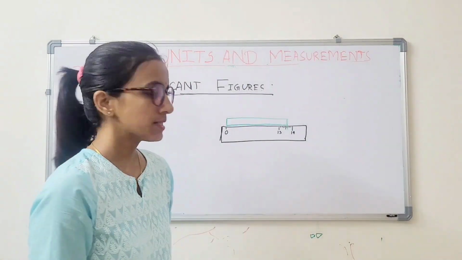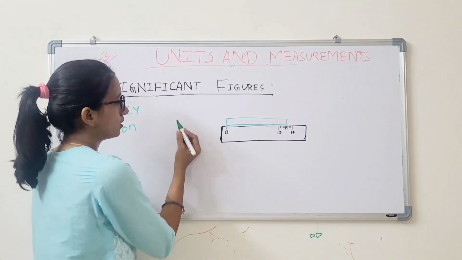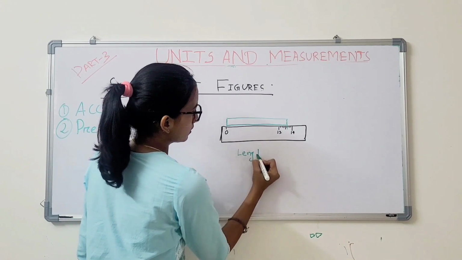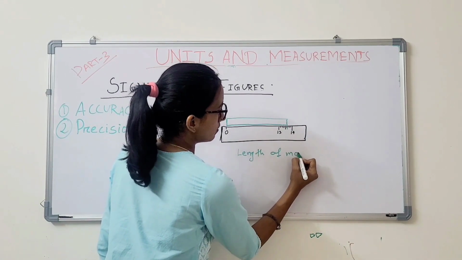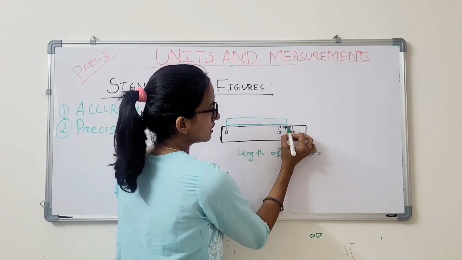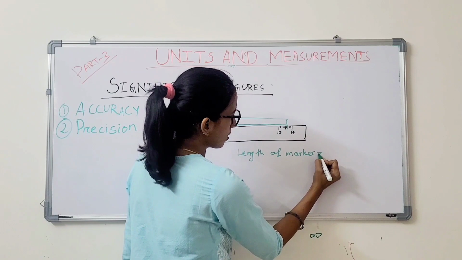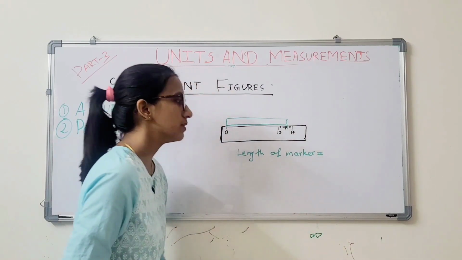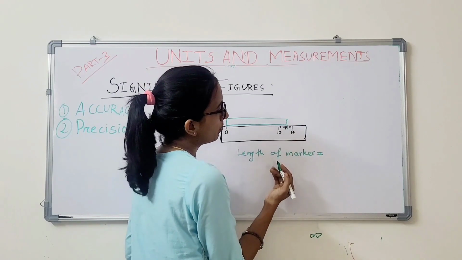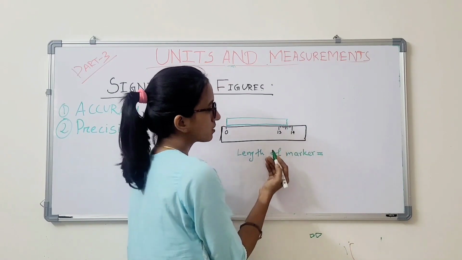So in this case, I will say that the length of my marker is in between 13.6 and 13.7, or in my opinion it should be towards 13.6.